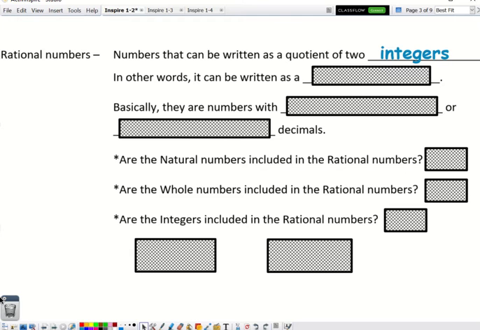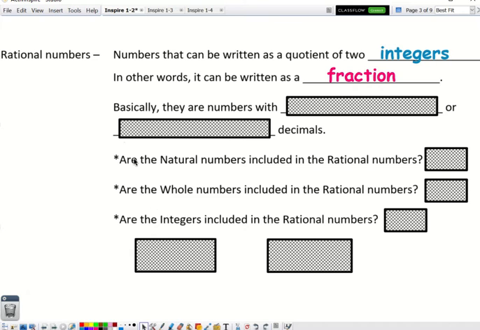In other words, you can call that a fraction. That's the official definition of a rational number: a number that can be written as a fraction, as a quotient of two integers.